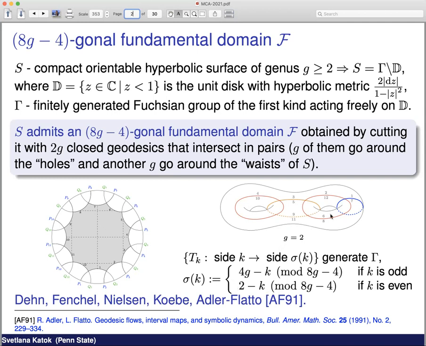So sigma of k is 4G minus k if k is odd, and 2 minus k if k is even. And everything is going to be modulo 8G-4, of course.